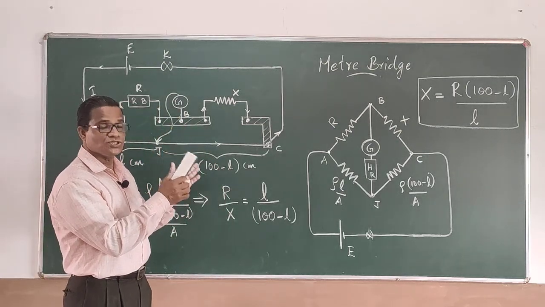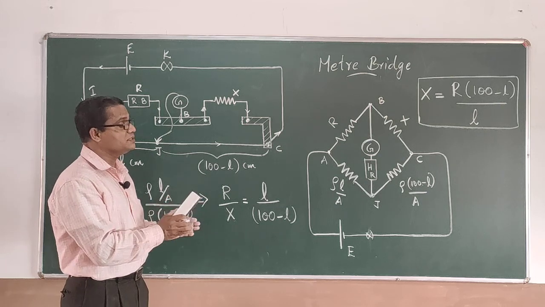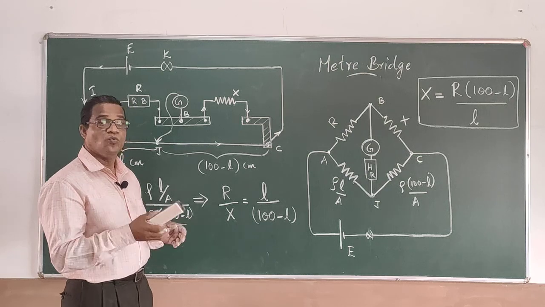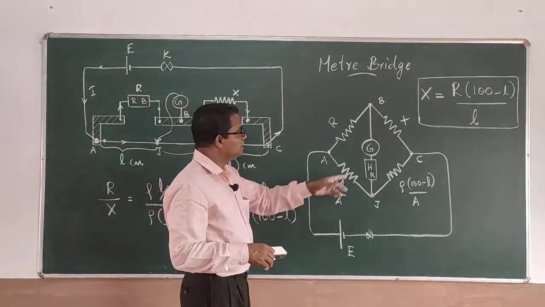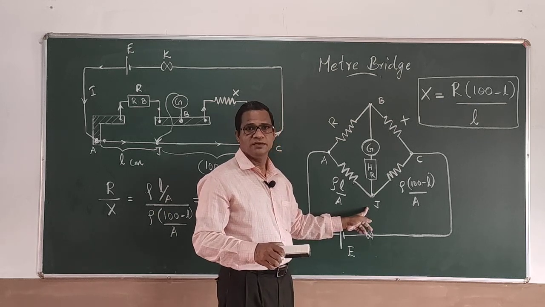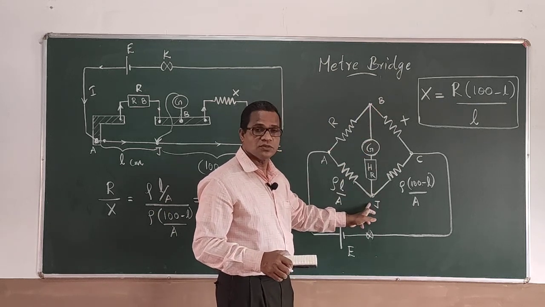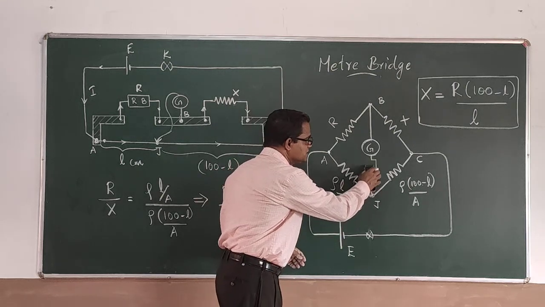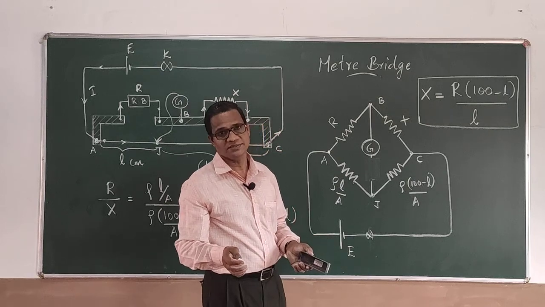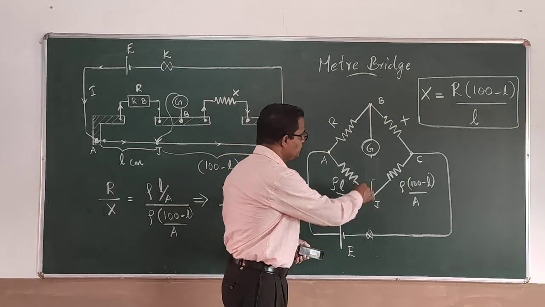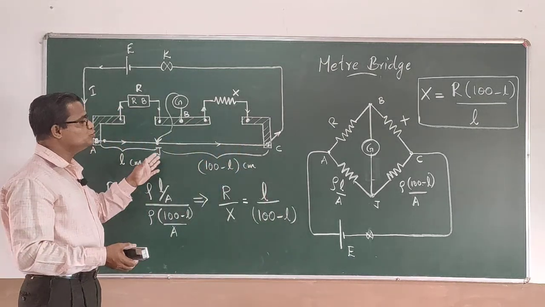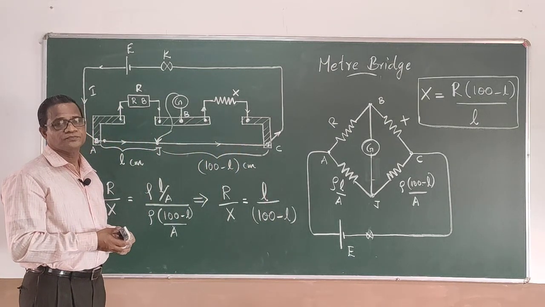From this equation, if you understood properly, the balancing condition does not change, because once the bridge is balanced, the current flowing through the galvanometer is zero. We are taking the reading corresponding to that. When the current flowing through this path is zero, whether you connect a high resistance here or not, it's not making any difference. Understood? That is one important question possible in exams relating to meter bridge. Okay?